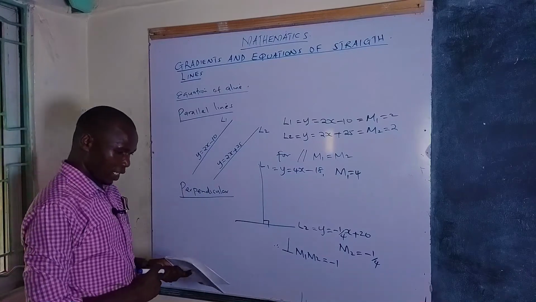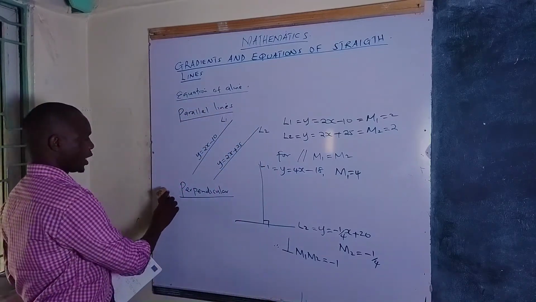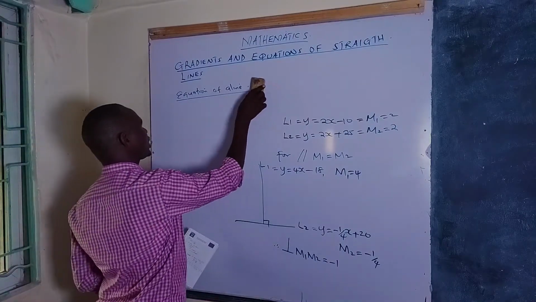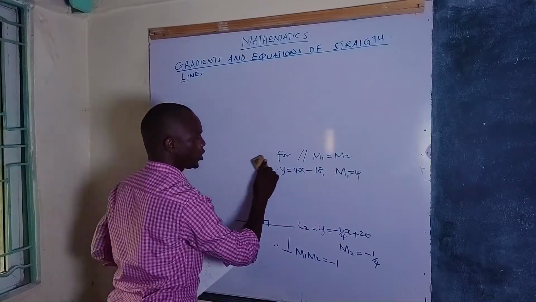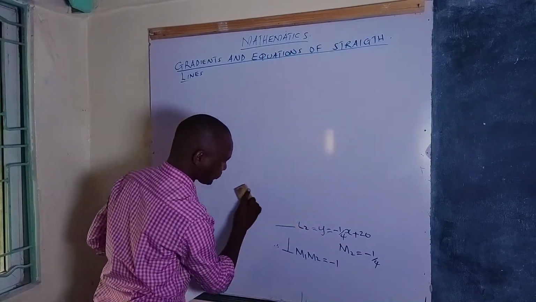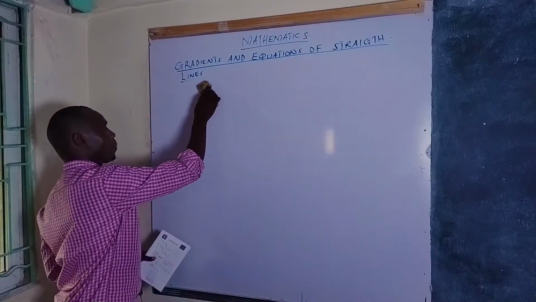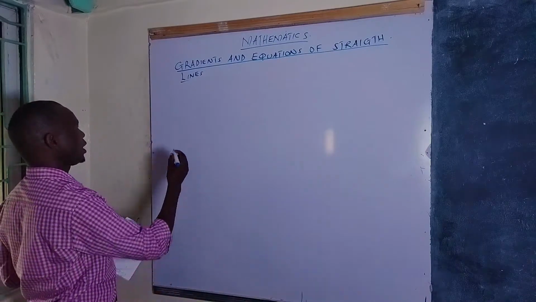Another important thing that you need to understand in this topic, apart from getting the gradient and the equation of any given line, is how to get the midpoint of any given line.